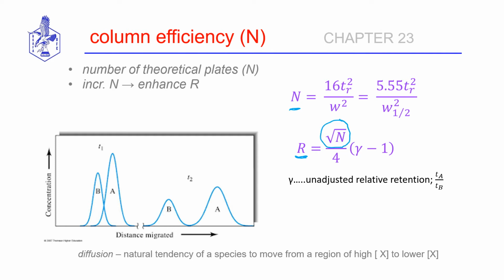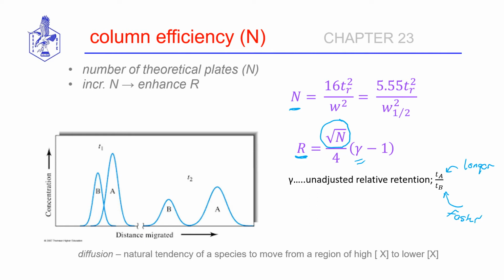The other term in this equation, this gamma, is the unadjusted relative retention between two components. So if we had a separation happening, such as the one we see at the left, the retention time A is that of the component that takes longer to get off the column, and in the denominator is the retention time of the species that comes off faster.